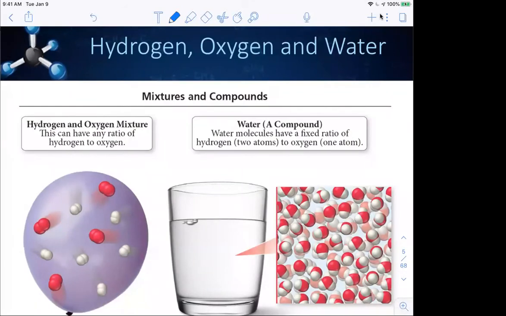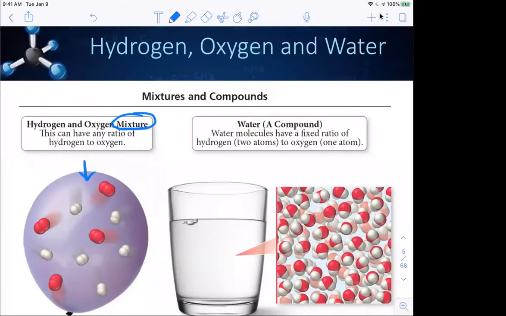So again, here I have a mixture of hydrogen and oxygen molecules, elemental molecules. And in this balloon, they're gases because I'm at room temperature. And as this is a mixture, I can have any ratio of hydrogen to oxygen in this balloon.